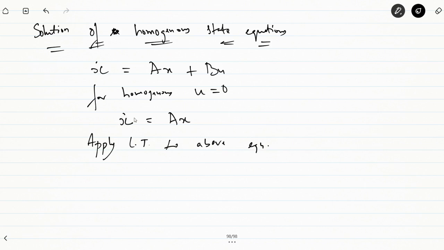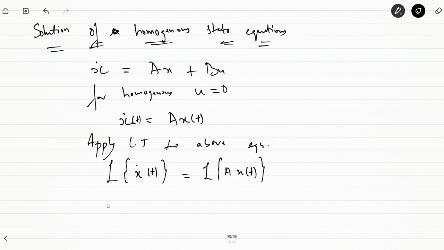So this is x dot t equal to axt. This is in time domain. Once we apply the Laplace transform, this will become in s domain. Laplace of x dot t is equal to Laplace of axt.